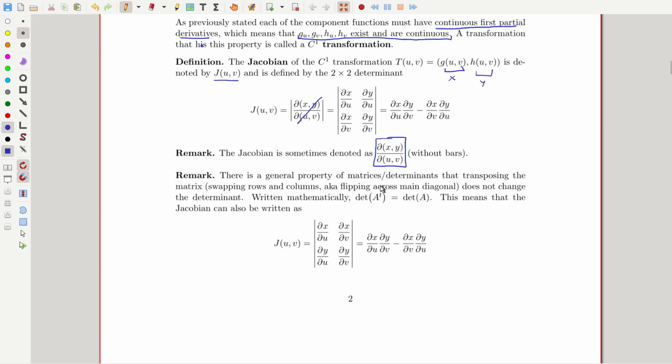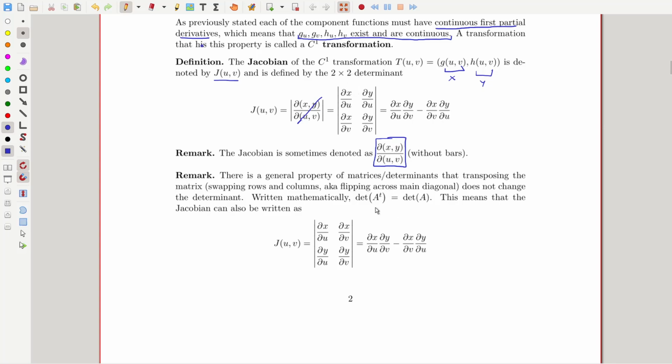The transpose, if you're not familiar with that terminology, is what happens when you take a matrix and you flip it about the main diagonal. So if I reflect about the main diagonal, I end up swapping these two entries, and that'll give me this. So this matrix and this matrix are actually transposes of each other.